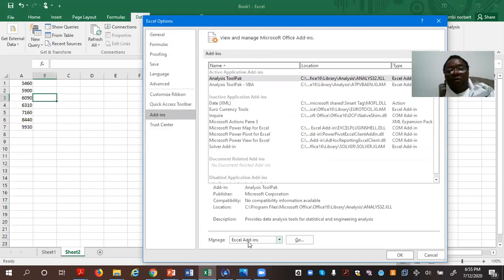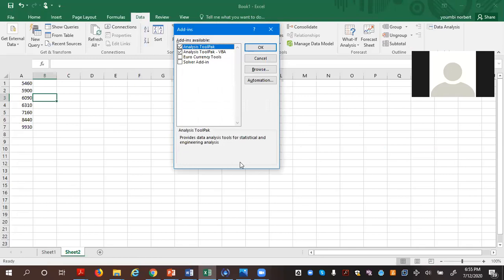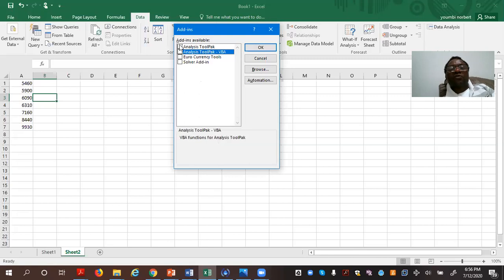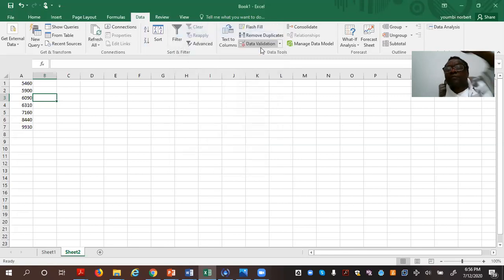Now you go below that box. You will see manage Excel add-ins. Click go. Then you will see Analysis ToolPak. Yours are not checked. Check these first two, Analysis ToolPak and Analysis ToolPak VBA, as on mine. Then you click OK.